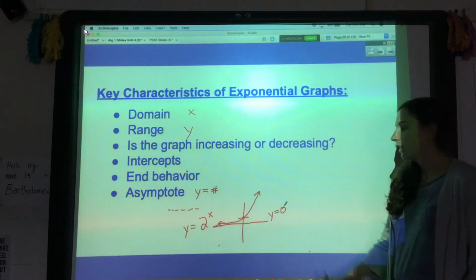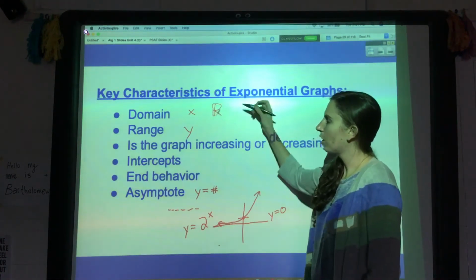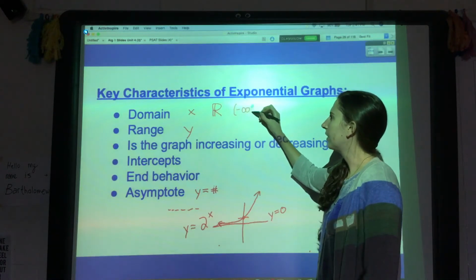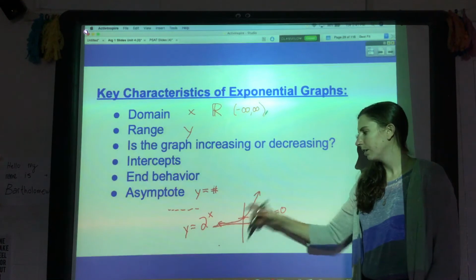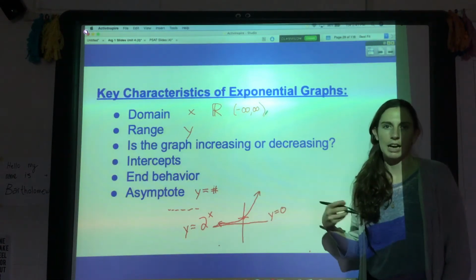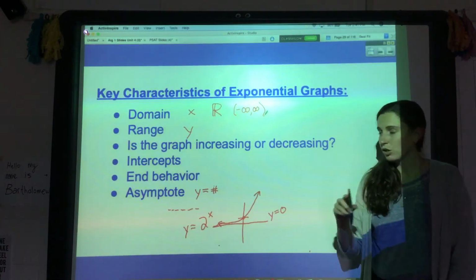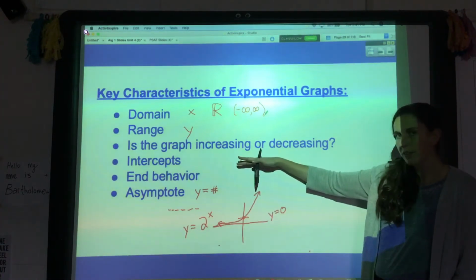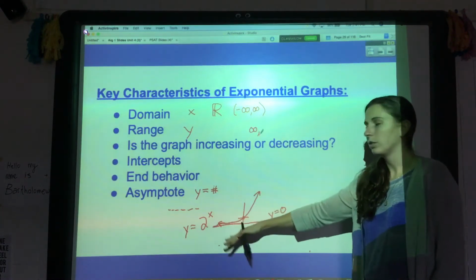Its domain is all real numbers. You could write this as all real numbers, or you could say negative infinity to infinity, because it goes left forever and right forever. It never stops. You could plug in 1,000,000 and you'd still get an output. The range goes up forever, so it goes to infinity, but it does not go down forever.